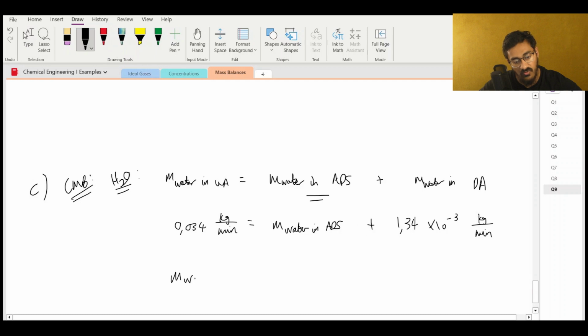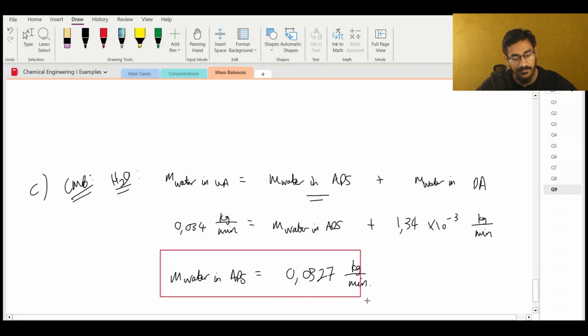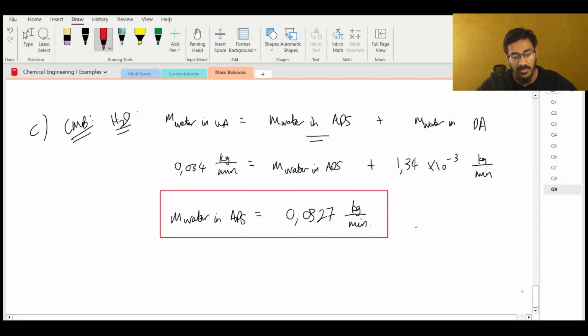And so the mass of water in the adsorption stream must equal 0.0327 kilograms per minute. So I'm going to put that answer in a box because that's good. And I'm going to need this piece of information a bit later. So I know how much water is now in the adsorption stream. That's very good.